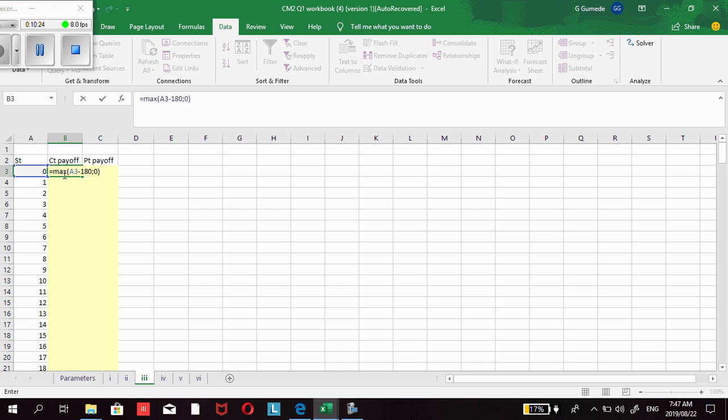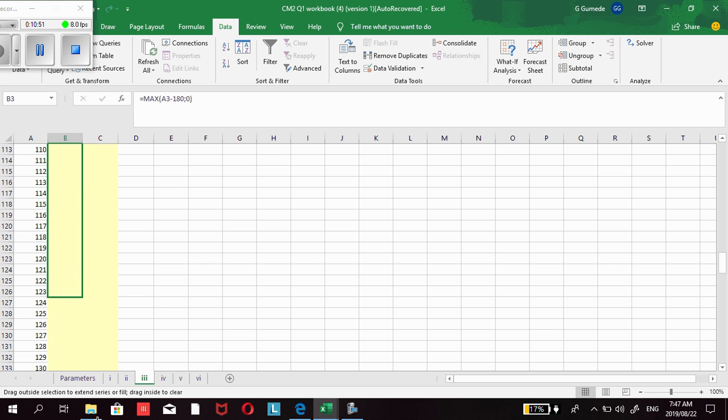Then I close my bracket. So this formula here will pick up every value of ST here and subtract the strike. It will give the maximum between one of these. I'm going to press enter, and I see that dash here, don't panic, means 0.